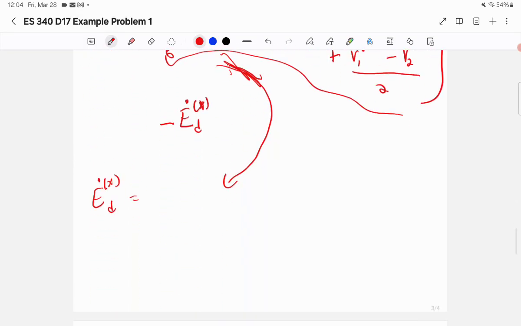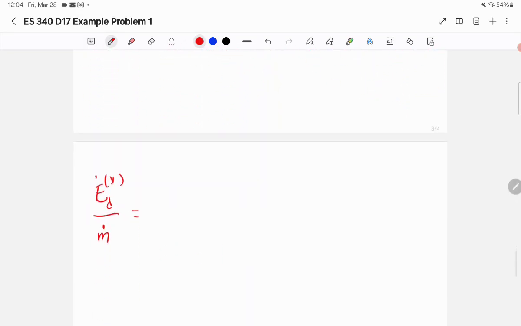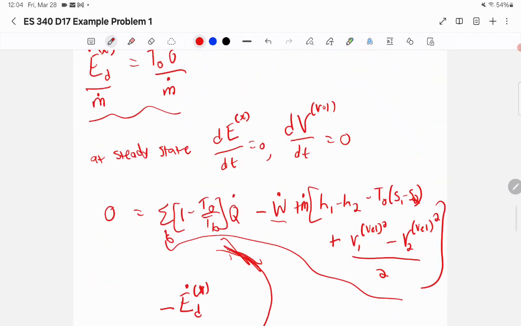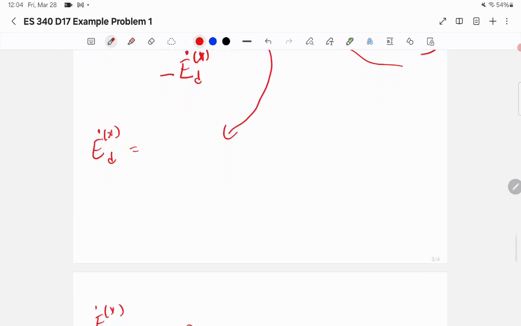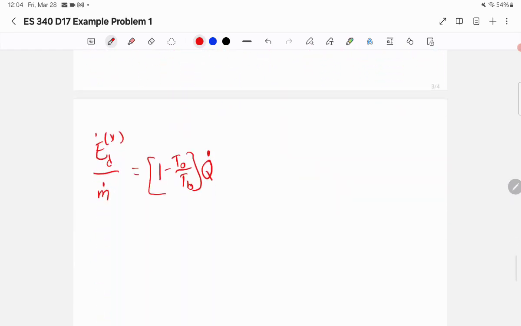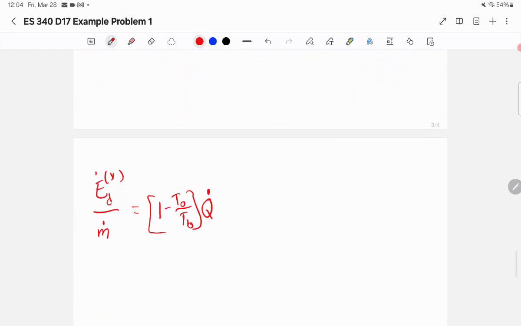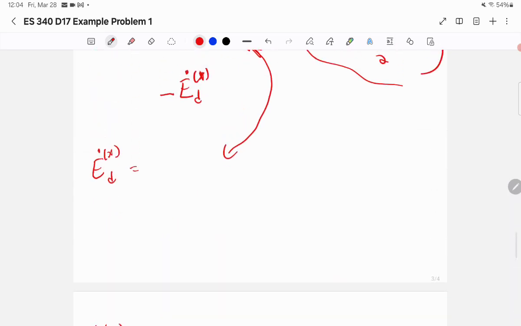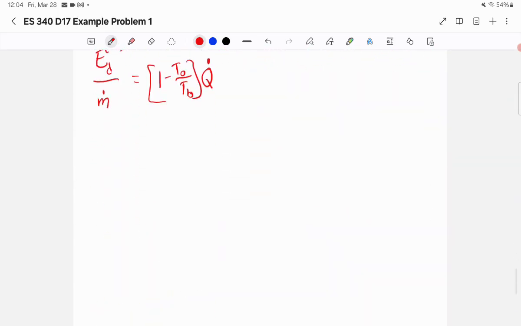So what we're going to be left with is 1 minus T naught over T_B times Q dot. I think I should have written this as Q_B here. And we know what T naught is, and we also know what T_B is.